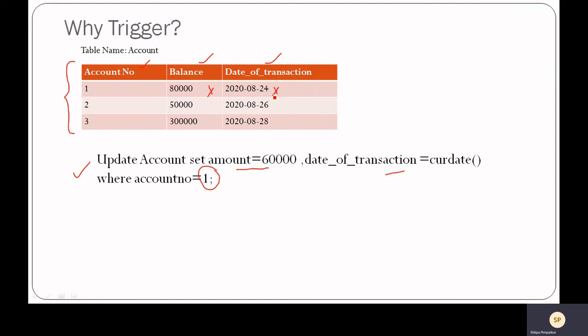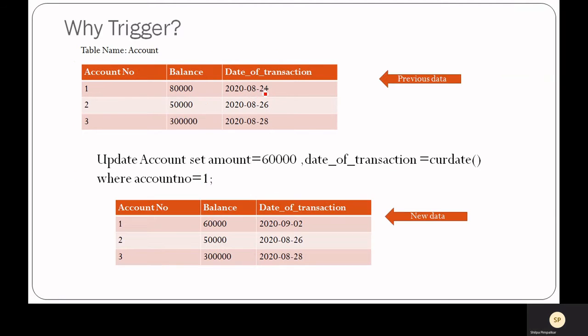These new values will be written in place of this 80,000 and the date will be changed. So these are the previous contents of the table before execution of the update query, and after execution of the update query this table is transformed into this table where contents are overwritten.